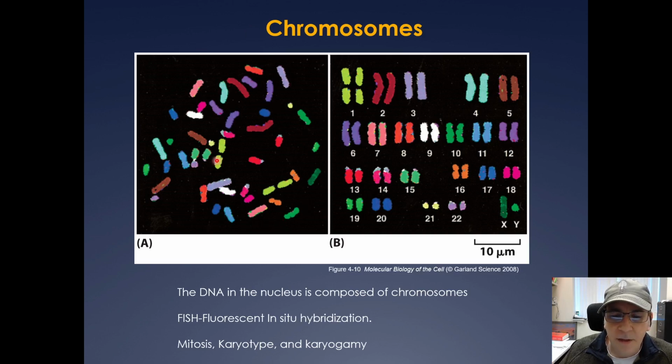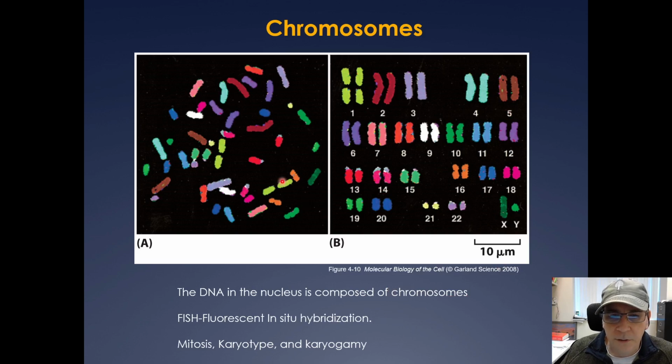And then you can fluorescently label them with this technique called FISH, which is fluorescent in situ hybridization. This happens to be a human cell right here that they've squished, and then they stained all of the different chromosomes, the fully condensed chromosomes, and then you can arrange them. You can see here chromosome 1, chromosome 2, chromosome 3, and all of the different chromosomes.